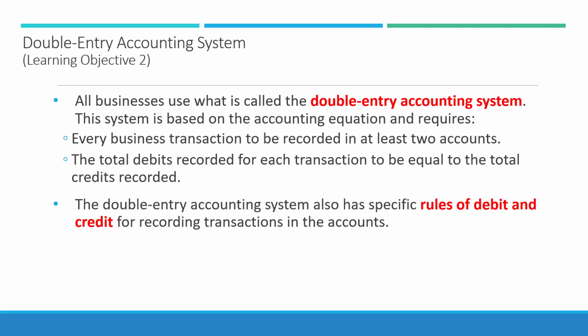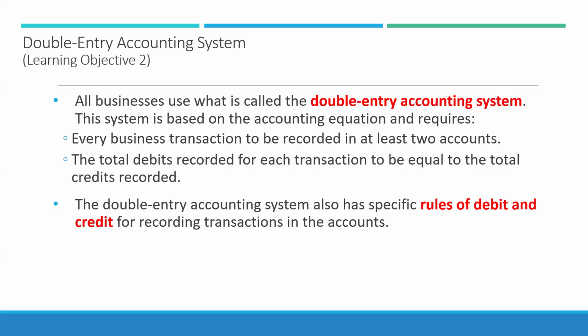Do you remember when we were saying paid $300 to buy supplies? And I'd say, what happens to cash? You'd say it goes down. And then I'd say, well, what's supplies? It's an asset and it goes up. Do you see there were two sides to that equation? Cash and supplies. Every transaction we do is going to have at least two accounts.